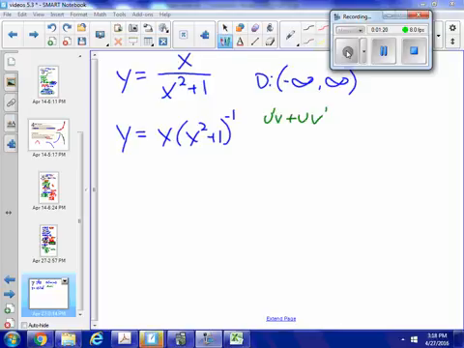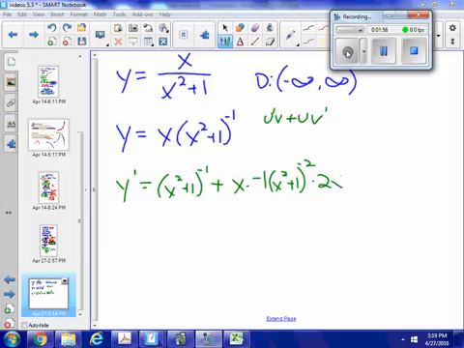So my first derivative, y prime, is going to be equal to 1 times v, because 1 is the derivative of x, so I'm going to have (x squared plus 1) to the negative 1, plus u, which is x, times the derivative of v, which would be negative 1 times (x squared plus 1) to the negative 2 times the derivative of the inside, which would be 2x.